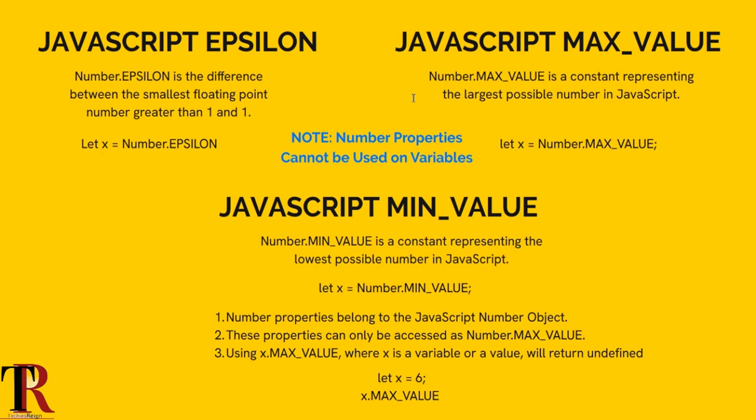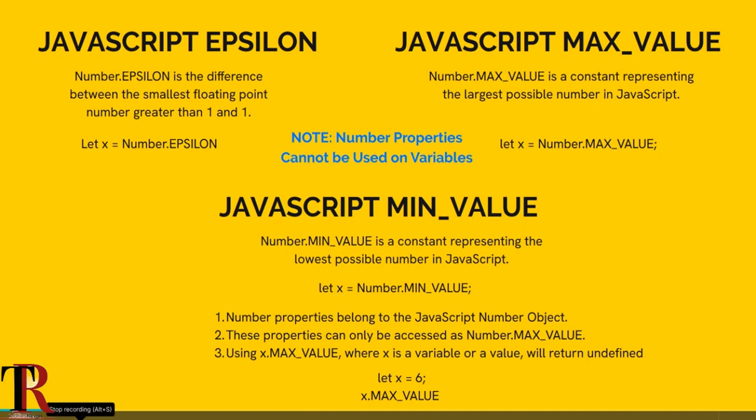Use the max value to detect the largest possible number, and use the min value, like the name suggests, to represent the lowest possible value. The value is not always zero actually, but something that is closer to zero, which means the tiniest difference before that number reaches zero, that is what the minimum value represents. Thank you, and in the next lesson we'll continue on our number methods and then numbers in general in JavaScript.